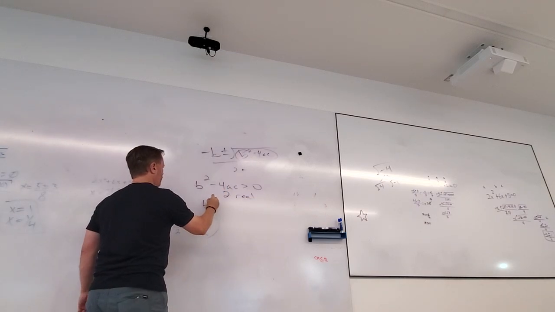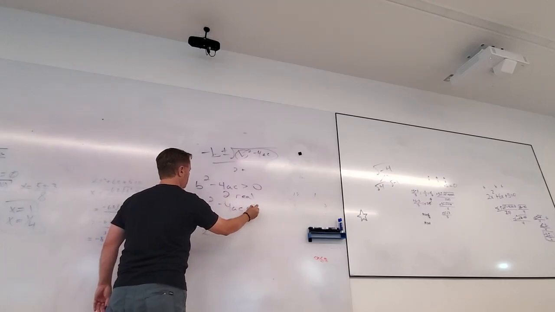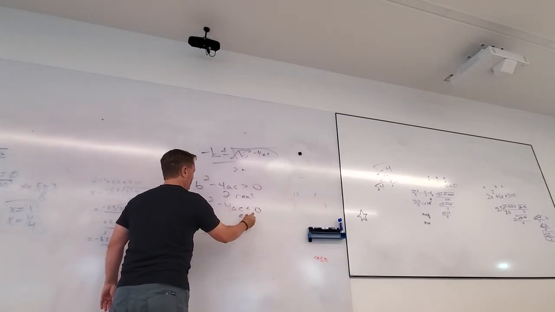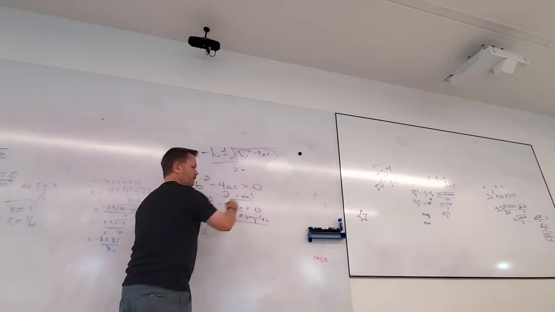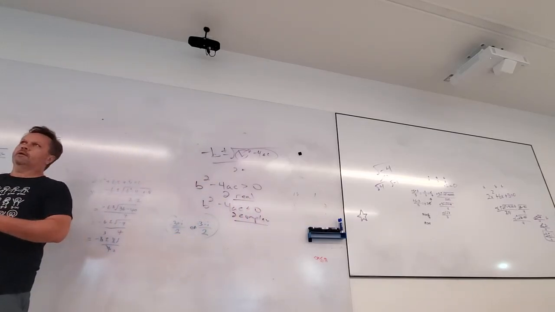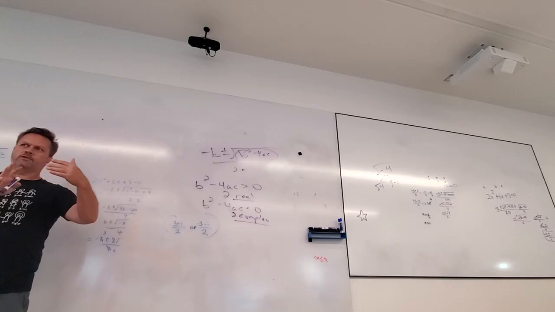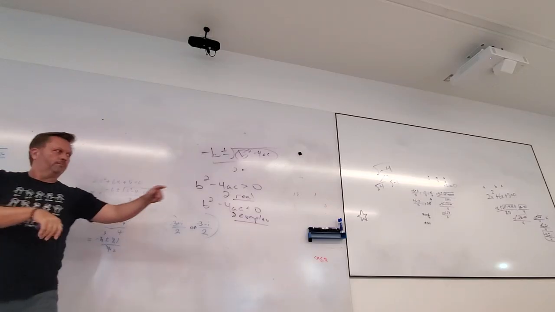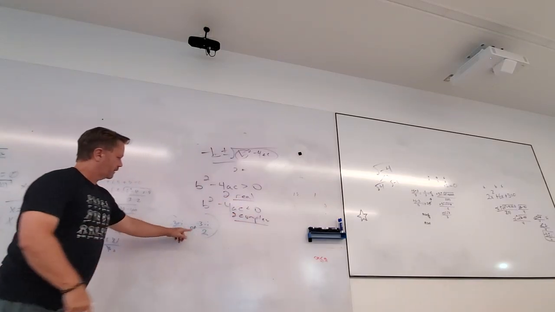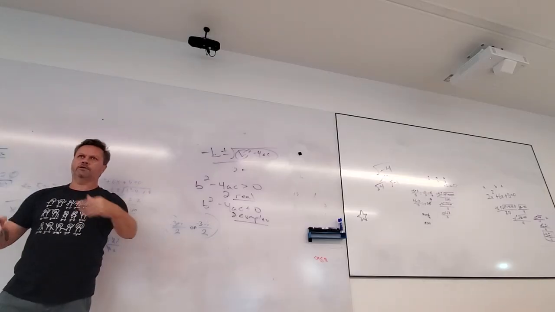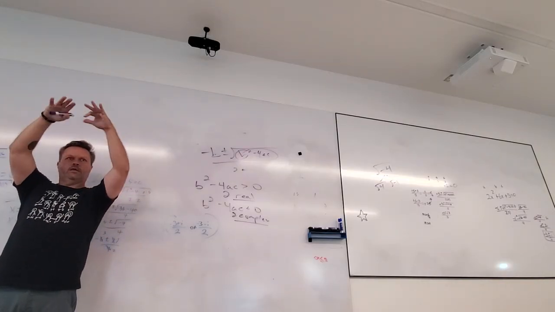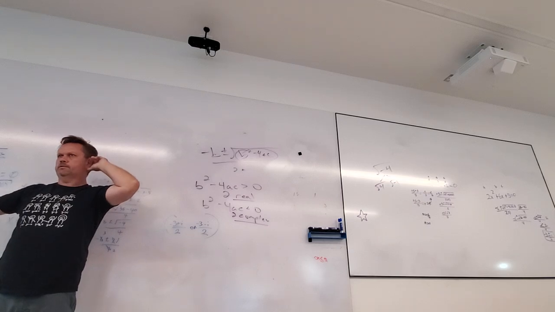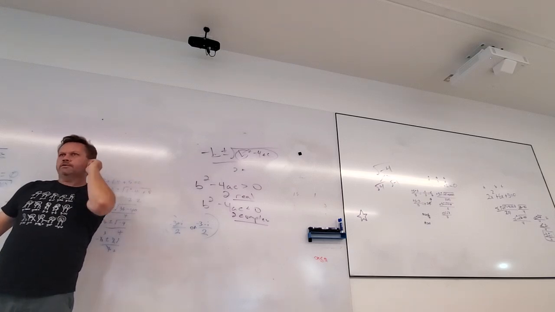If this is negative, what kind of answers will you get? Complex. And really two complex answers, yes? And just real quick, imaginary is very specific. It talks about just the i piece, but these are complex because they have real and imaginary. So there's real, there's imaginary, and when I fuse the two together, then you have complex.